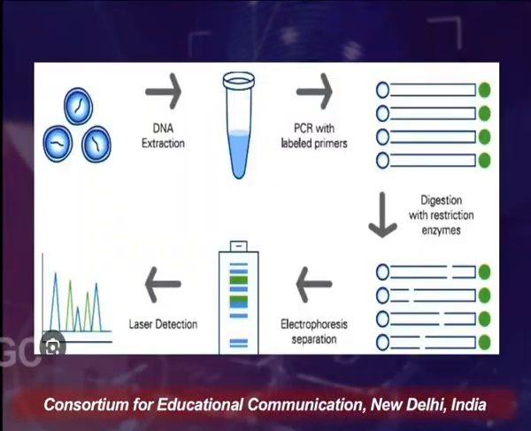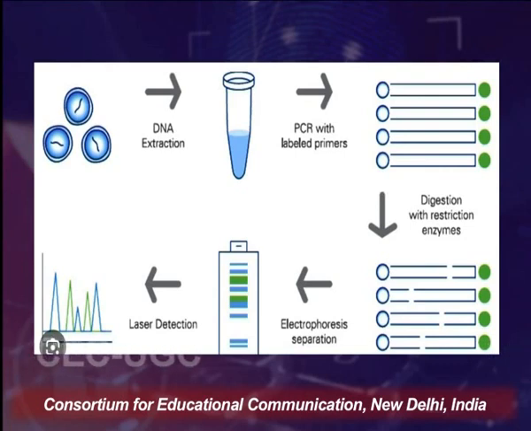So with the DNA extraction, we first PCR with the labeled primers, and then we digest with restriction enzymes. The restriction enzymes like EcoR1 etc. digest the particular DNA sequence at specific sites, and then we electrophorese it.